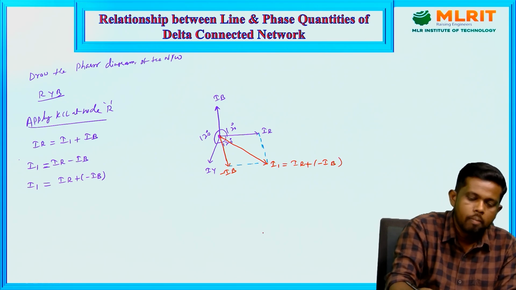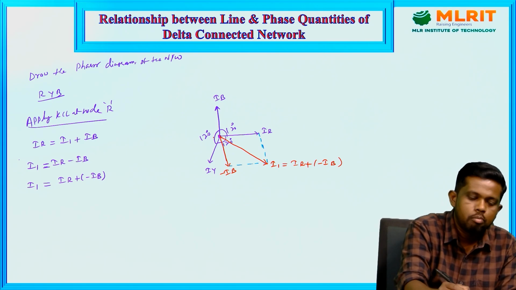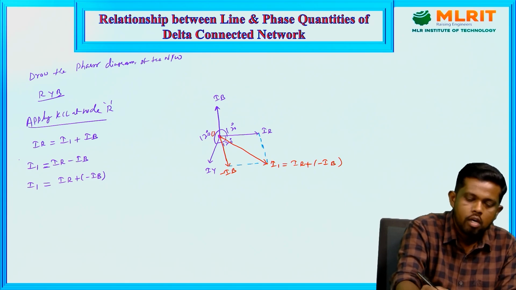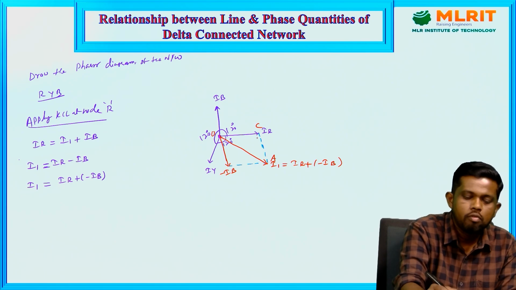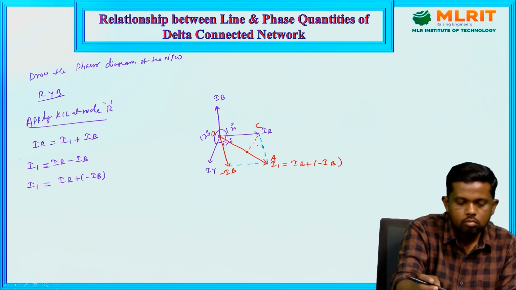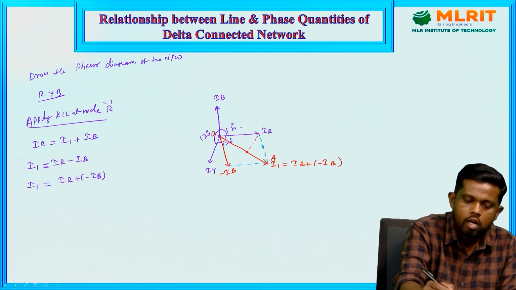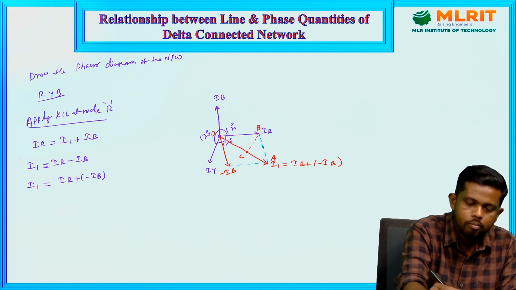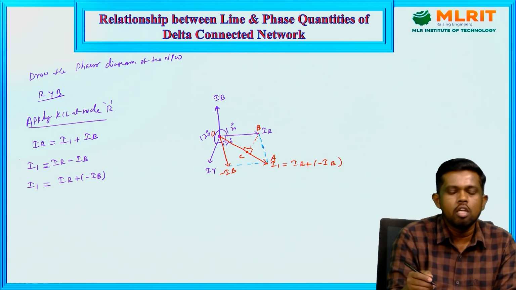Now we need to assign some points here. This is point O, this is point A, and this is point C. From point C we draw a bisector to the OA line. This is the bisector on the OA line. The angle between these two is 90 and the angle between these two is also 90, so both are equal triangles.